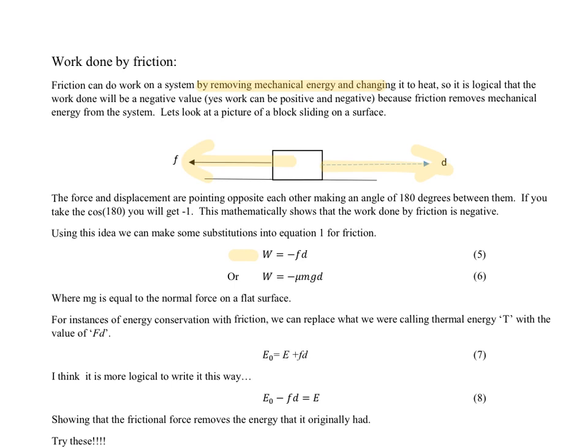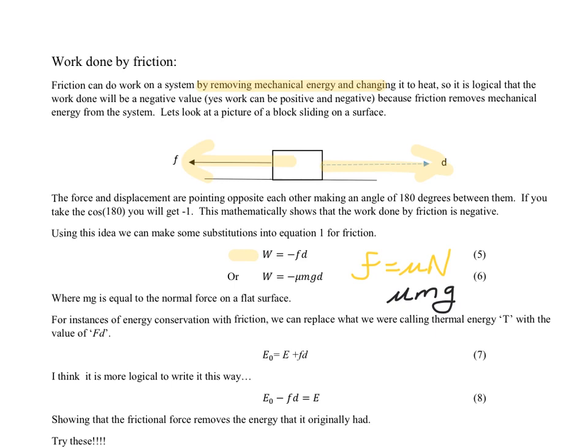Almost every single problem, and I only want to say almost because I don't like always statements, we have our friction on a flat surface. So because it'll be on a flat surface, that means that our normal force from our fun equation will always equal mg.